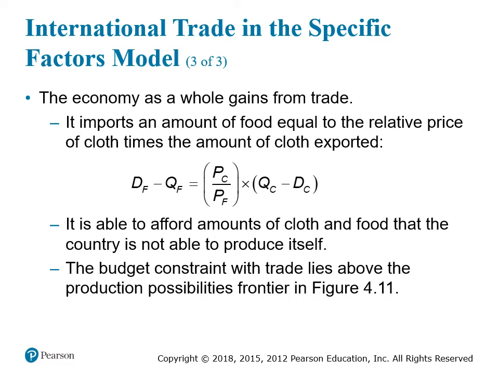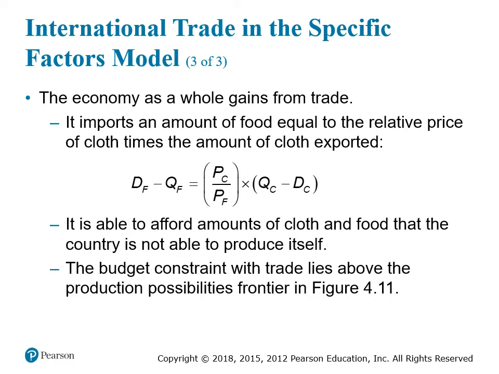The economy as a whole gains from trade. First, because it imports an amount of food equal to the relative price of cloth times the amount of cloth exported. So you can only import food from abroad with the value of cloth that you have exported.